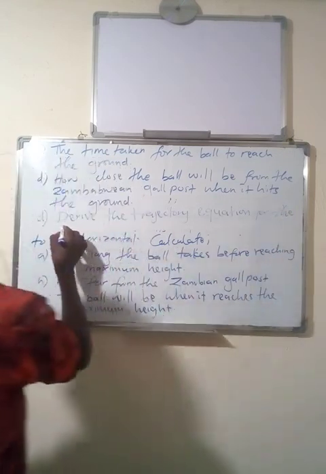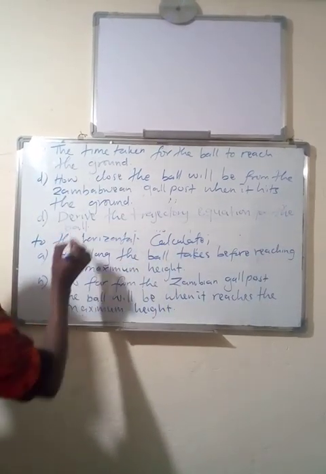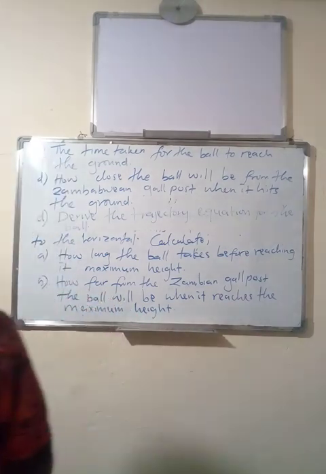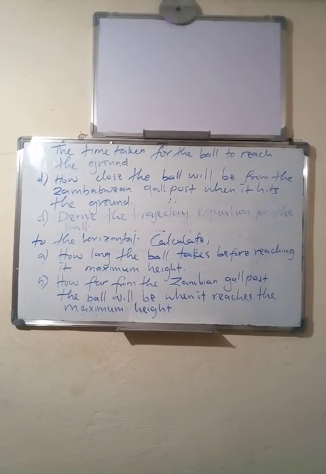Derive the trajectory equation for the ball. So that is going to be your question that you're going to feast on tonight and tomorrow, and then you should send your solutions. Okay, so I'll end the recording here.